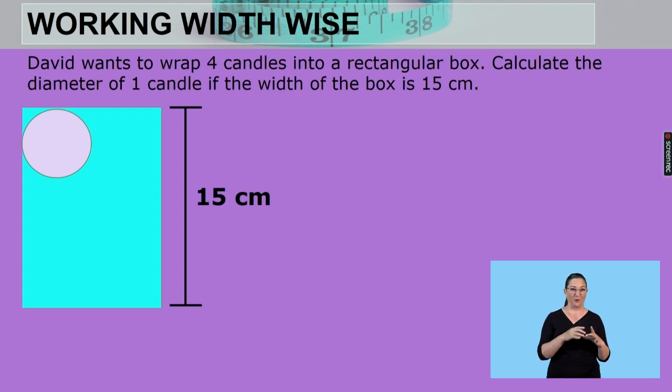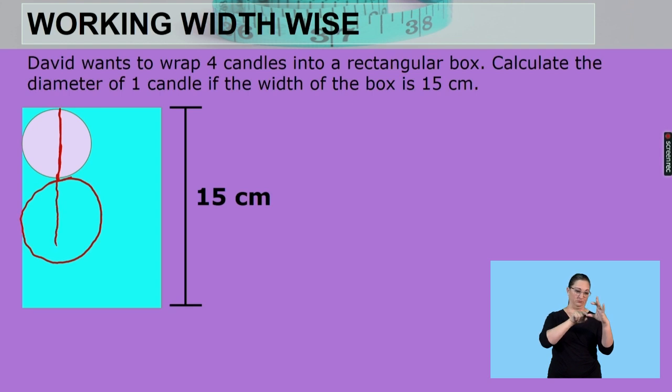So if this is going across the width of the box, then the candle will go that way. That's 1 candle. And then if I place another candle next to it, I'm going to try and draw a circle here. Let's say there's another candle. Then what's happening? The diameter is going across this way as well.